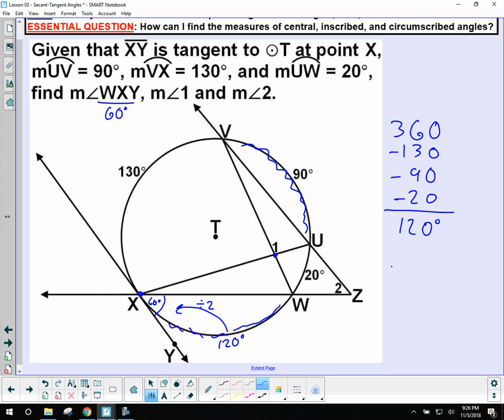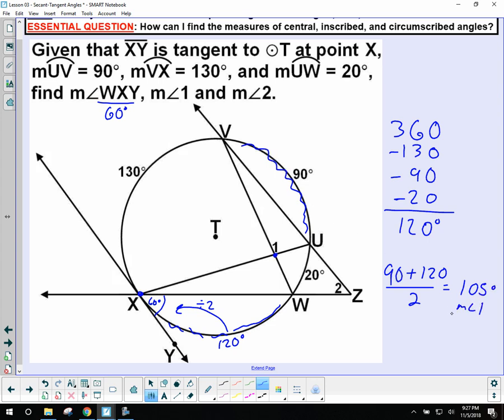Divide by 2, so 90 plus 120 gives us 210. Divide that by 2 and we get 105. And that's the measure of angle 1. We'll put that up here. See, easier than you thought.